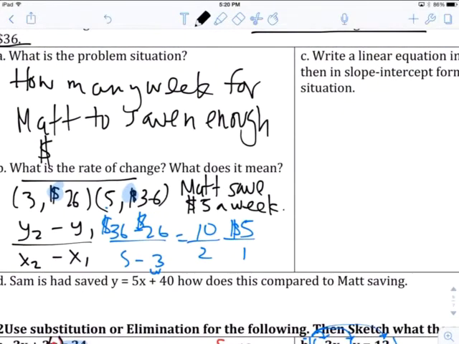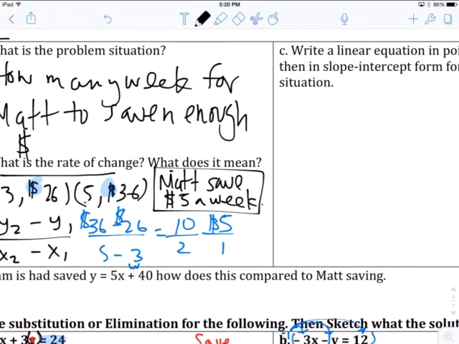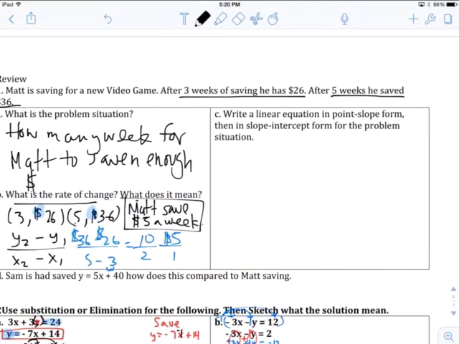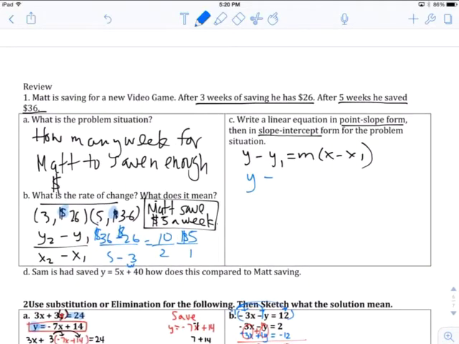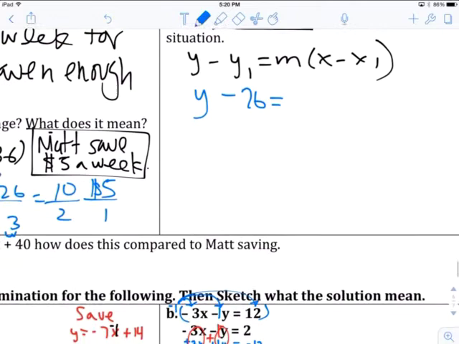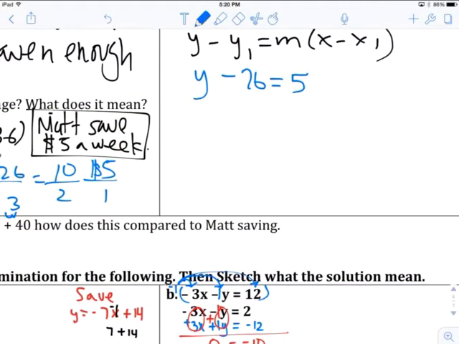Write a linear equation in point-slope form. Point-slope form, we know that's y minus y1 equals m parentheses x minus x1. Then in slope-intercept form, and then solve it for the problem situation. So you have y minus y1, which is 26, equals slope. Slope m is 5 from right here.